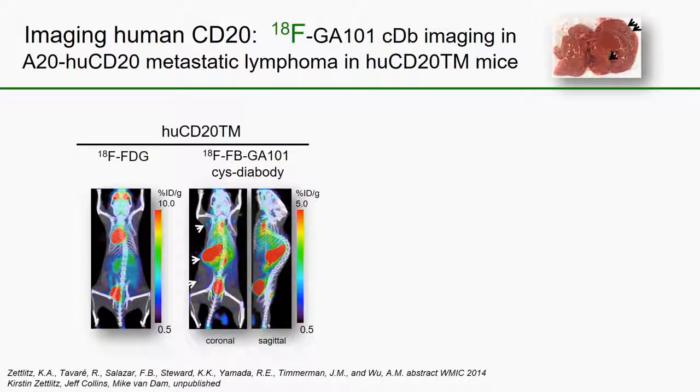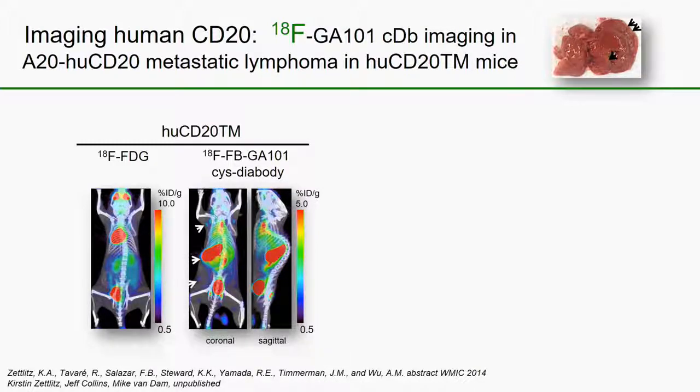And here's the mouse just imaged with FDG PET, and as you expect, you see the Harderian glands, you see the heart, you can see clearance through the bladder. And here's the mouse now imaged with the human CD20 specific cis-diabody labeled with fluorine-18. And now we see the spleen and the lymph nodes. So this is the B-cell compartment in that transgenic mouse.